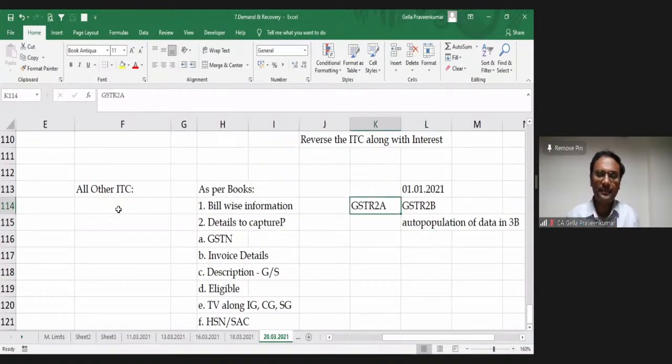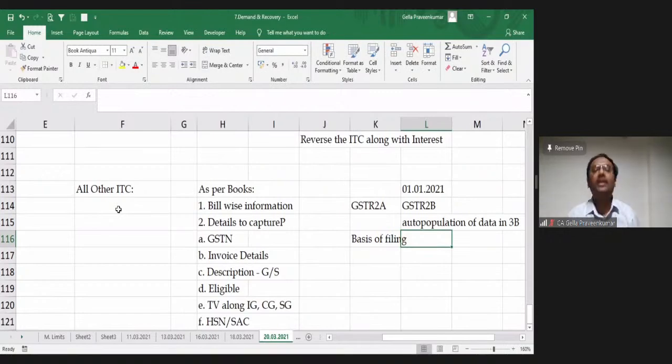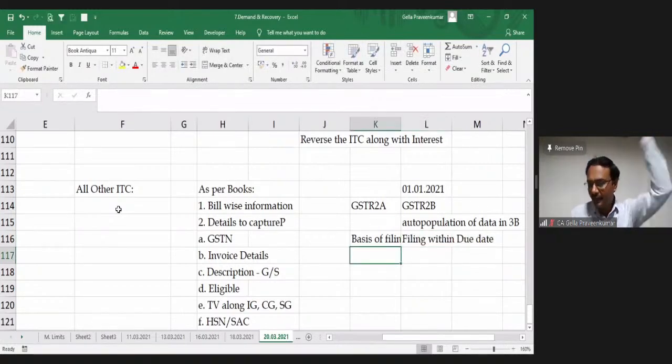GSTR 2A is on the basis of filing. GSTR 2B is on the basis of due date, filing within due date. I'll put it this way.